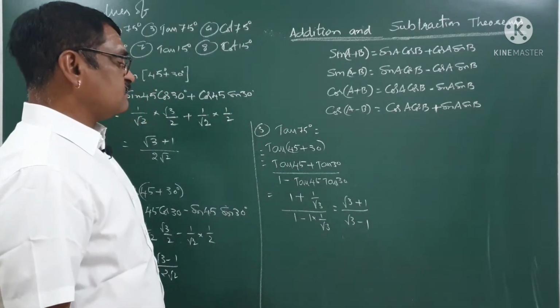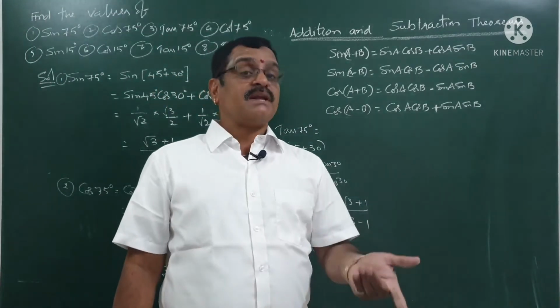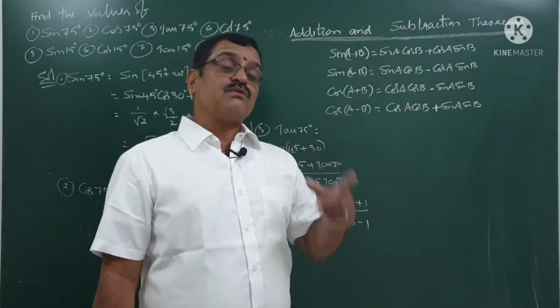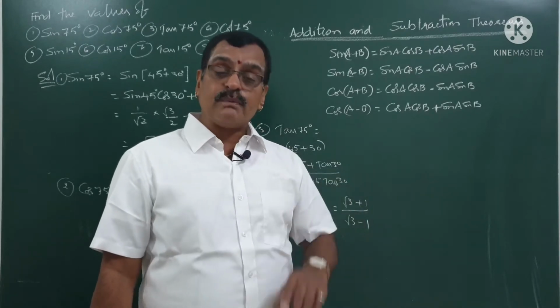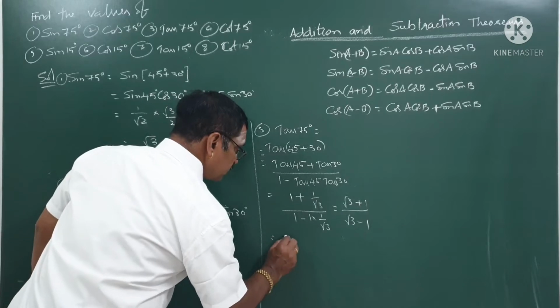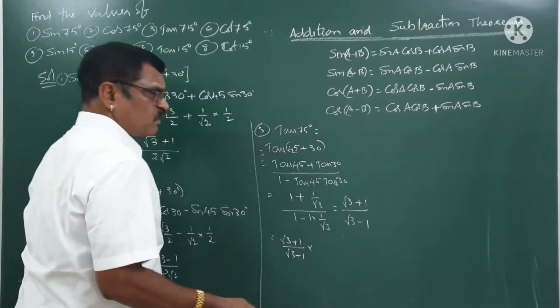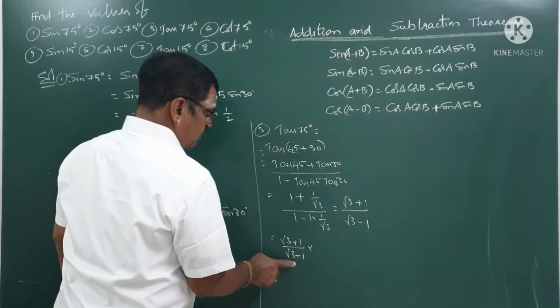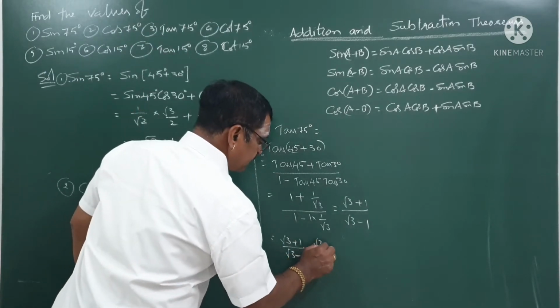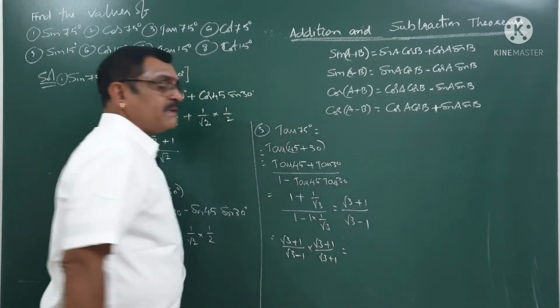In general we do not leave the denominator as an irrational number. So in this case we always have to rationalize the denominator. So for this what I do is, root 3 plus 1 over root 3 minus 1, I am going to multiply both with the conjugate of this, that means I am multiplying with root 3 plus 1.